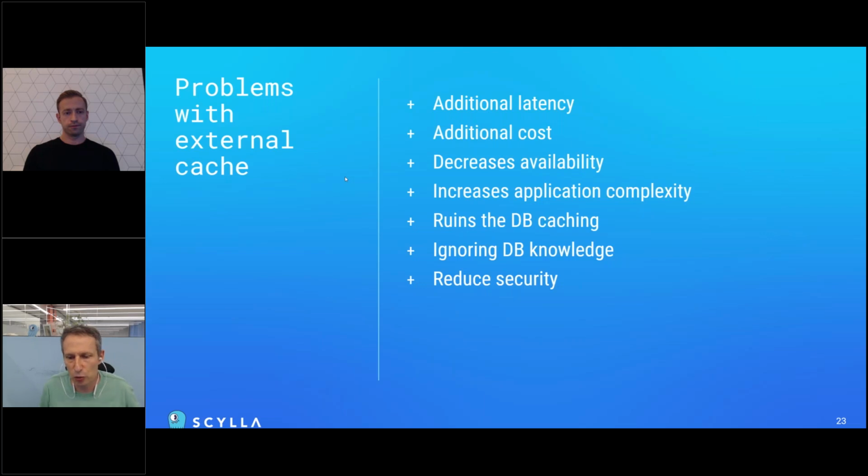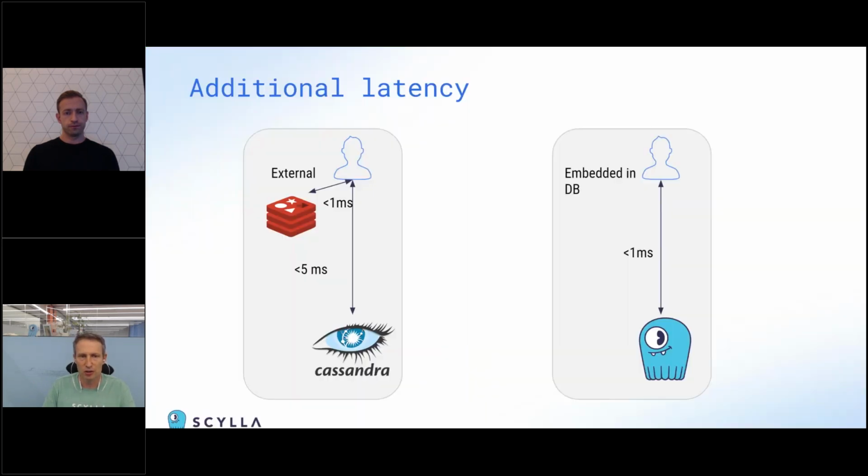So I tried to explain why you might not need caching, but now I want to trash the cache even further, if you will, and explain why the cache can actually hurt you. And this is something that people might not realize at first glance. So first, the cache might introduce additional latency.